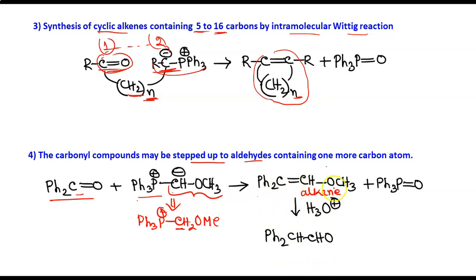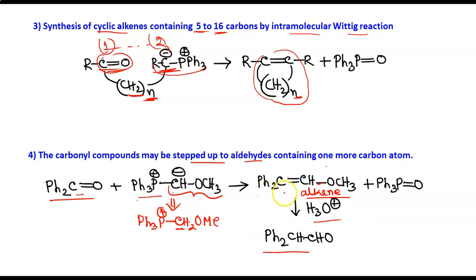Now, see, there is a C=C double bond as well as an ether, so you can see it is one type of enol ether. So this alkene, which is the Wittig product, if we treat it with H3O+, that means you are doing hydrolysis in acidic condition, then it will be converted to this type of molecule.